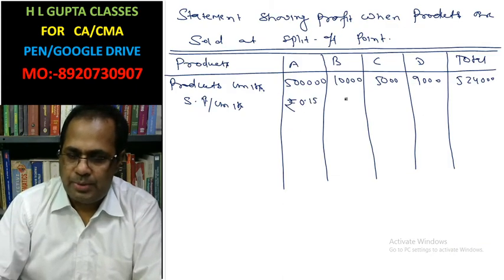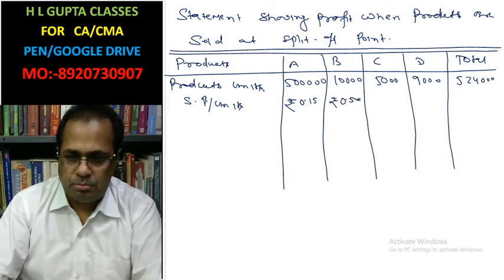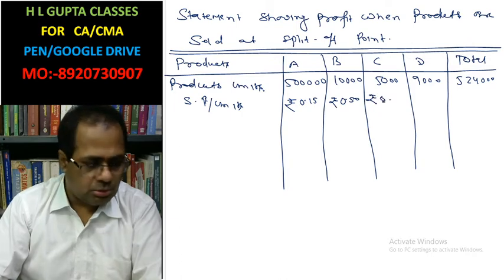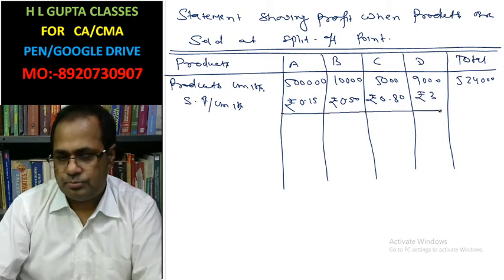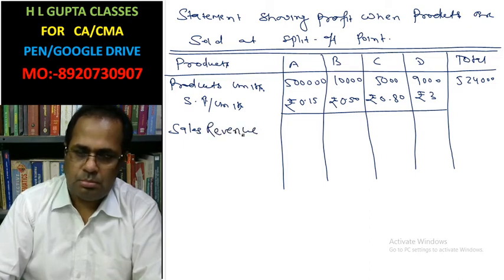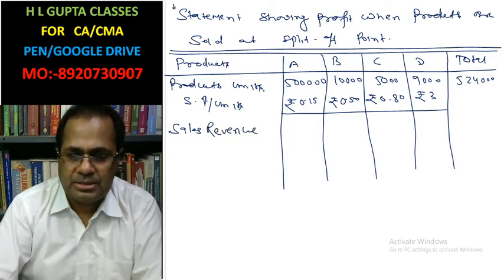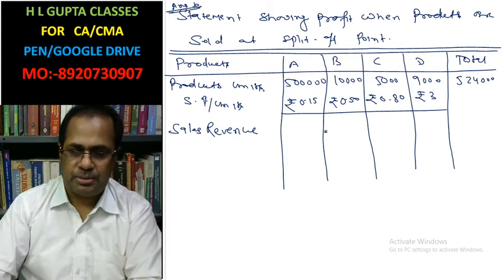That is 0.15, 0.50, 0.80, rupees 3. In this case, sales revenue. This is the answer B. What will be the sales revenue?